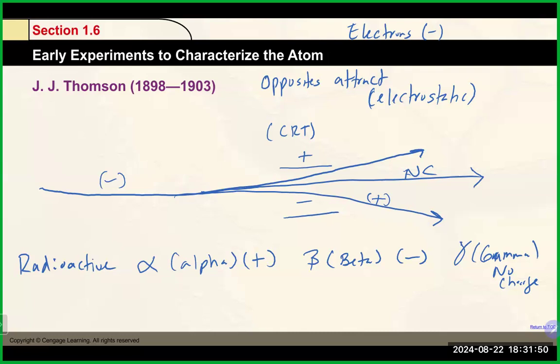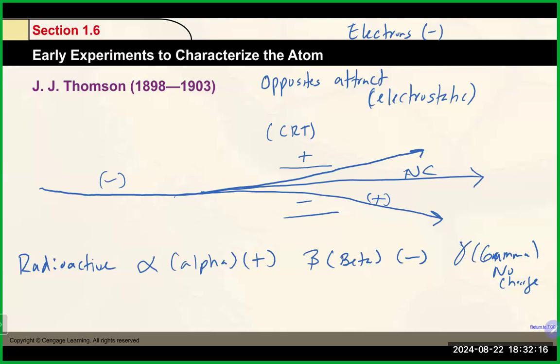So if you shoot something positive at an atom and it bounces right back at you, then probably a lot of the atom is positively charged, right? It had to hit something positive to make it bounce back. If you shot a particle and it went straight through, it either didn't hit anything with a charge or hit empty space, right? So these are ways they could explore what's going on with the atom through the use of these things.